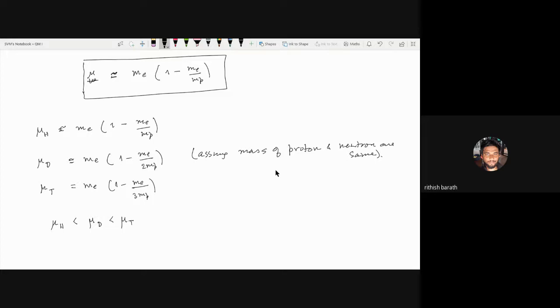Because this is going to be smaller and smaller and smaller, because 1 minus Me by MP is greater than 1 minus Me by 2 times MP, which is greater than 1 minus Me by 3 times MP.